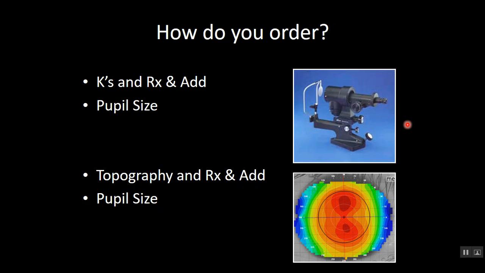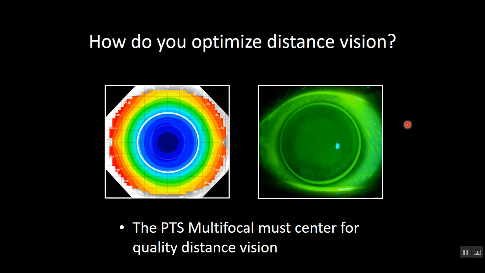Now, how do you order these lenses? It's very straightforward. Ks and Rx, as well as the add and the pupil size, are what we need. But if you have topography, the Rx, the add, and the pupil size, we're going to do a better job of that initial lens.